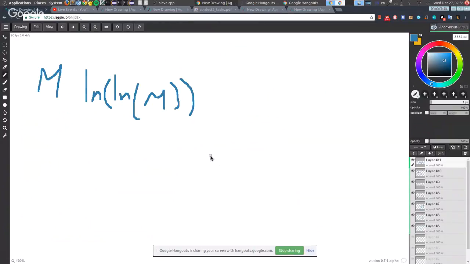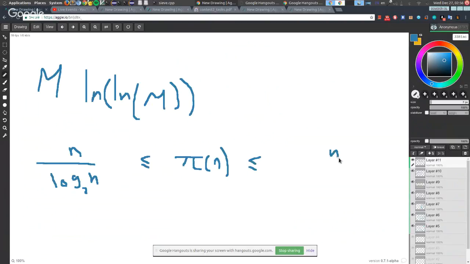And also, maybe a good inequality to mention is the number of prime numbers until n. It's given this symbol, pi of n, and this is bounded by n over log base 2 n, and n over log base 4 n.